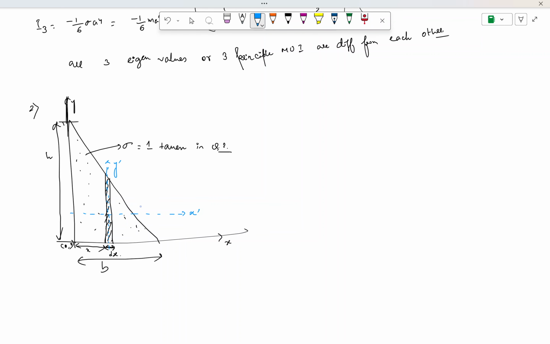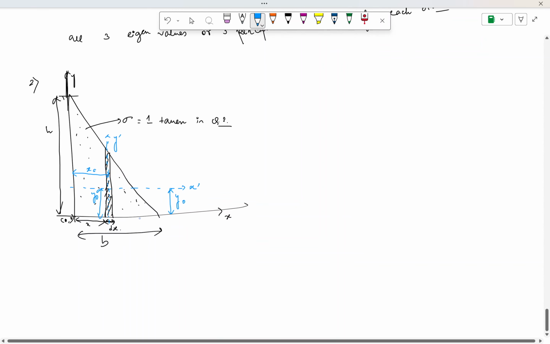This is the new axis, because apart from this x and y, if you take two axes through the center point of this mass element strip, they will be named x prime, y prime. We call this length y naught, and from the starting point up to the middle line, the distance is x naught.